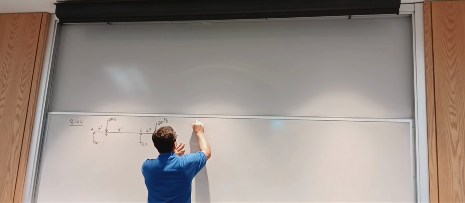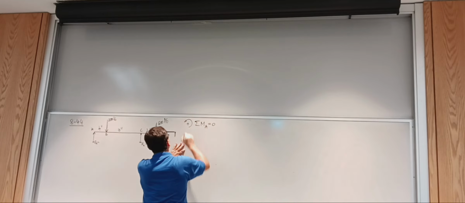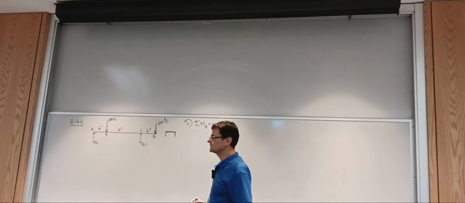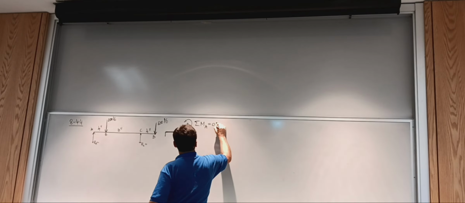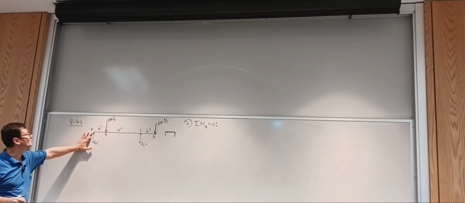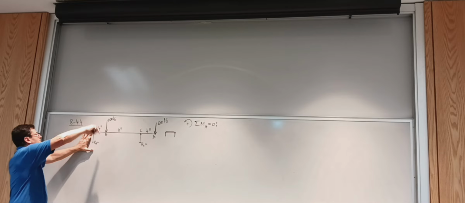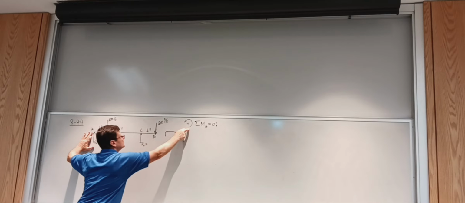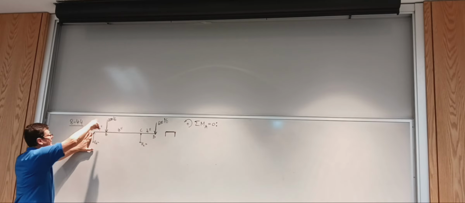So sum of moments about A, we have equilibrium. We assume counterclockwise positive for this analysis. So we have a negative 2,500 times 4.